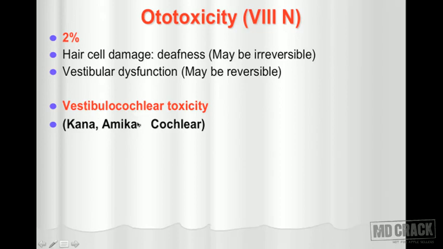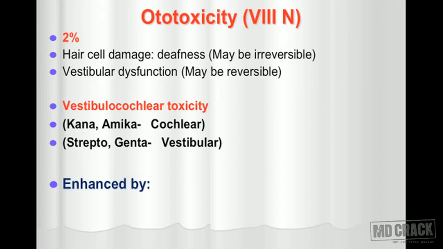Look at the slide. The next two substances mentioned here are streptomycin and gentamicin. Streptomycin and gentamicin have more susceptibility to cause vestibular toxicity. So cochlear component, gentamicin and amikacin, and vestibular component, streptomycin and gentamicin. You need to remember this because you might have to pick which of the toxicity is more likely to be common with a particular agent from aminoglycosides.